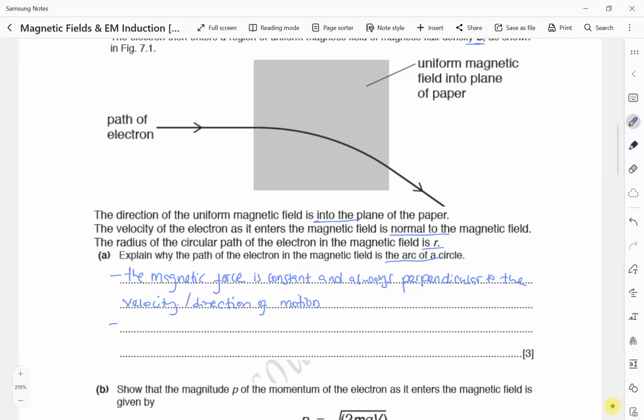So the speed is constant, or remains constant. Kinetic energy is constant.